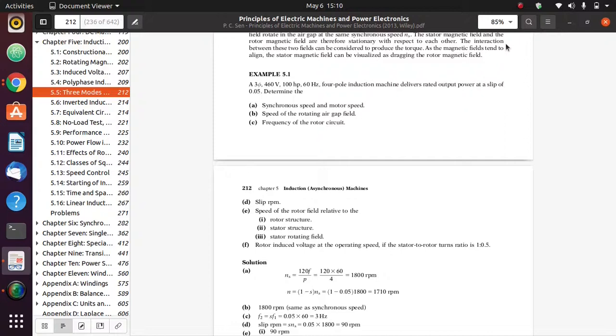Motor speed, what will be the motor speed? Remember that slip is given by the synchronous speed minus the rotor speed over the synchronous speed. We have been given the value of slip as 0.05. We have calculated the synchronous speed as 1800, so slip equals 1800 minus the rotor speed, which we are looking for, divided by 1800.